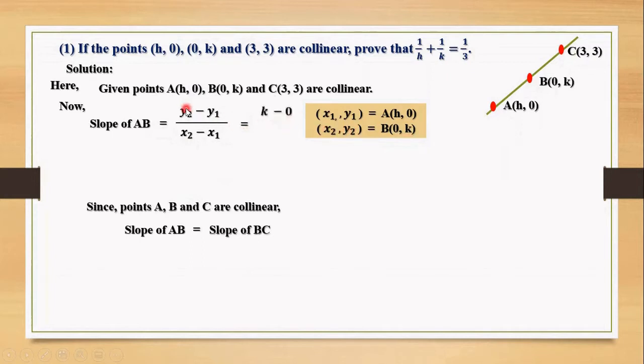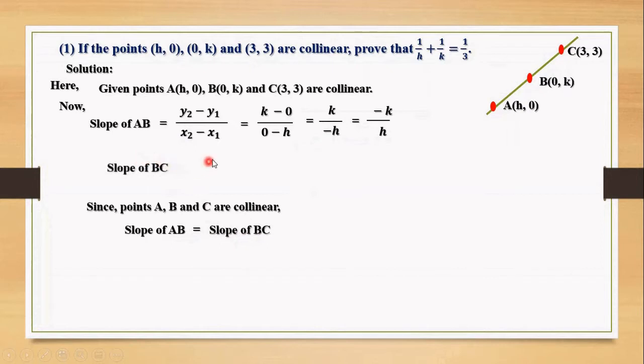We have y2 minus y1 is k minus 0, and in the denominator x2 minus x1 is 0 minus h. Now let's simplify it. It is k by minus h. It can also be written as minus k by h. Now again let's calculate the slope of BC, with the same formula, (y2 minus y1) by (x2 minus x1).